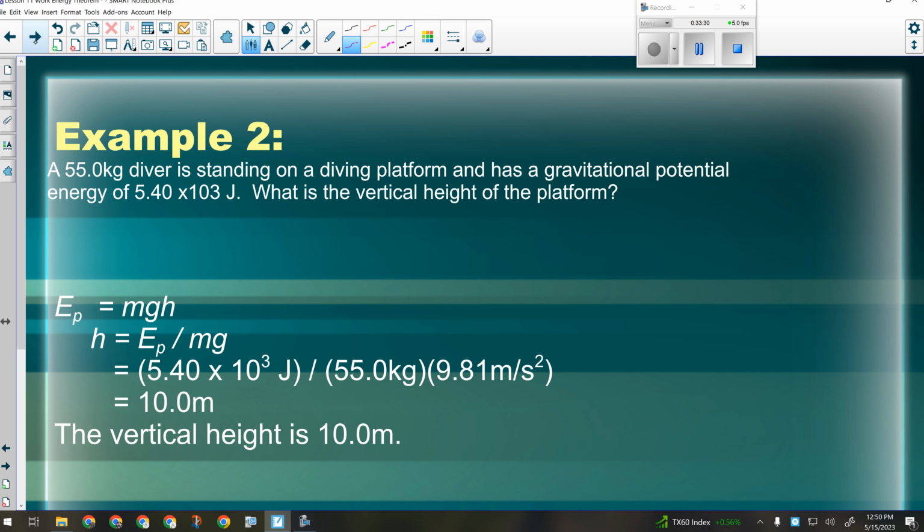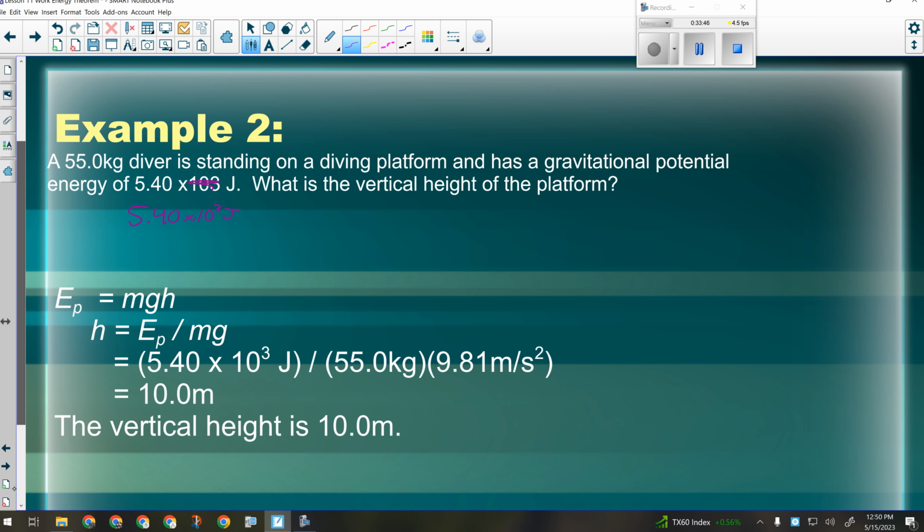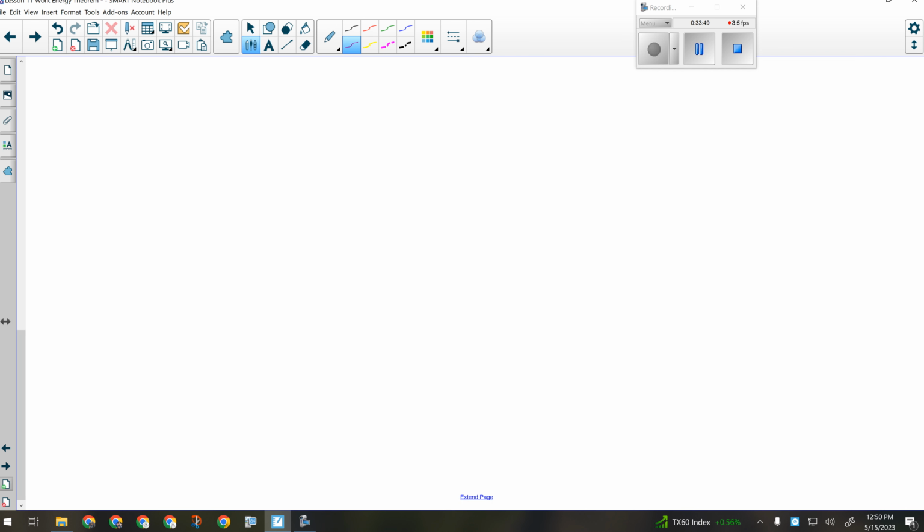All right. Now, if I needed to solve for something other than the potential energy, let's say I was given the potential energy like I am here. Sorry, that's supposed to be 5.40 times 10 to the 3 joules. Now, let's talk quickly about scientific notation, because I think this was giving people trouble earlier. If I write this number here, that number is in scientific notation.